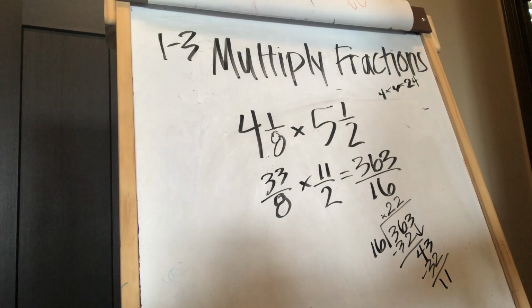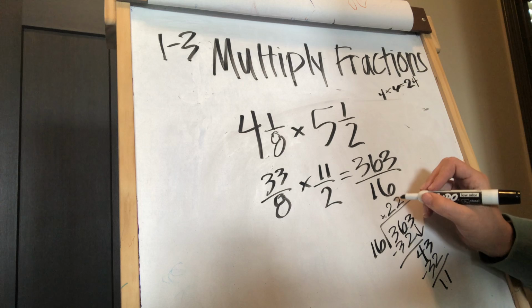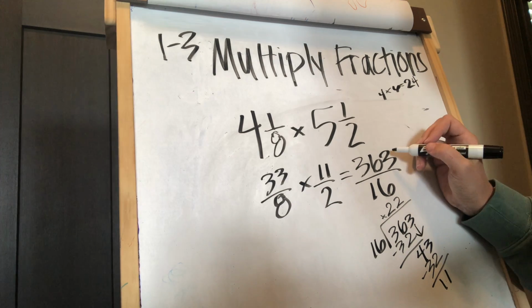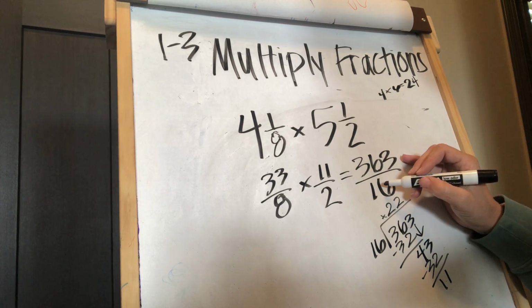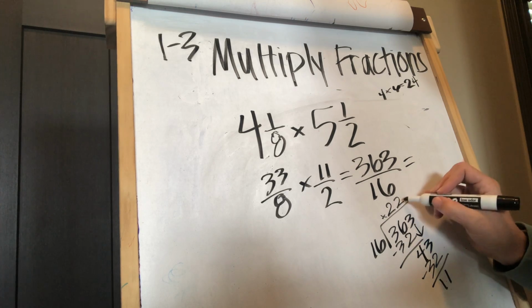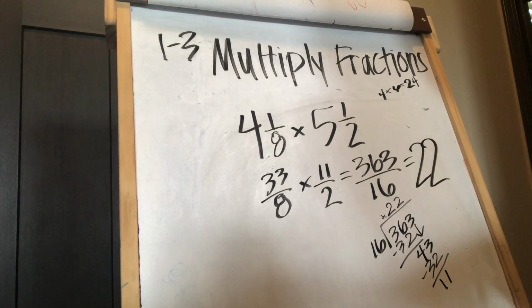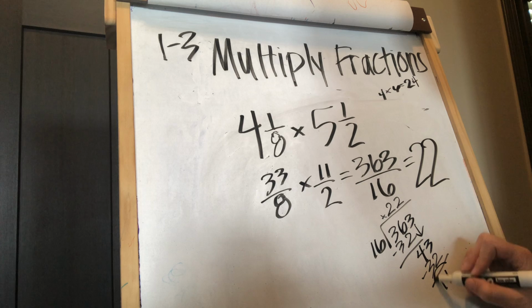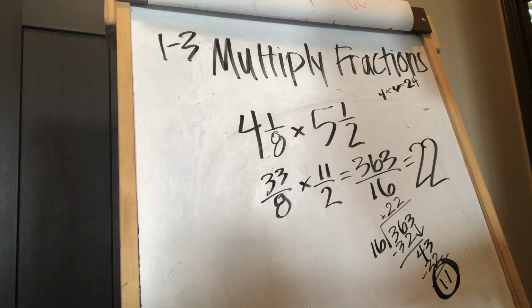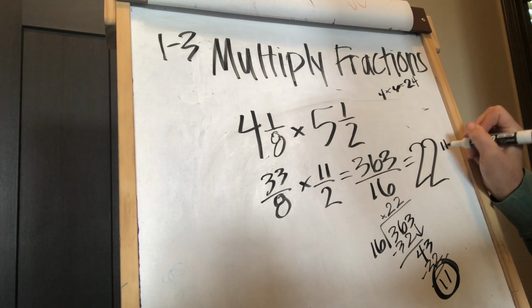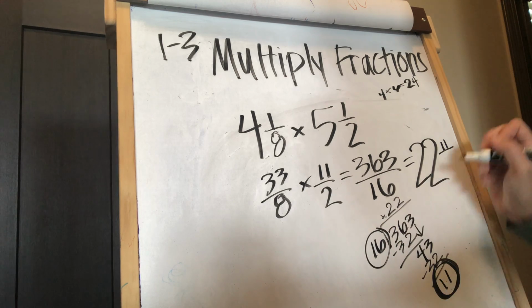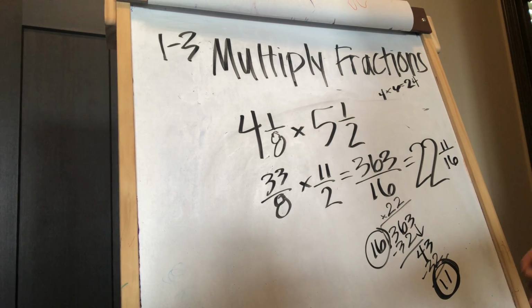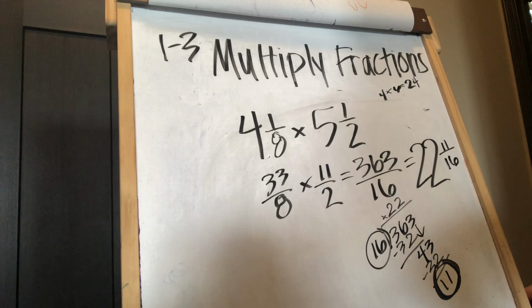Now when we're taking a look at turning this into a mixed number, this is a great way to think about it. When I did my division, 363 divided by 16, I find out that my whole number is going to be 22. Now the fraction here, our remainder, that is our numerator, and our divisor is going to be our denominator, 16.